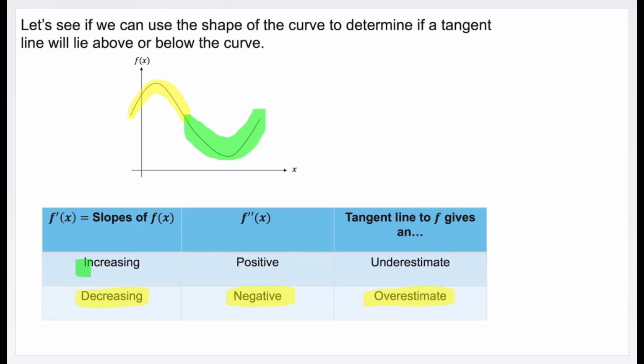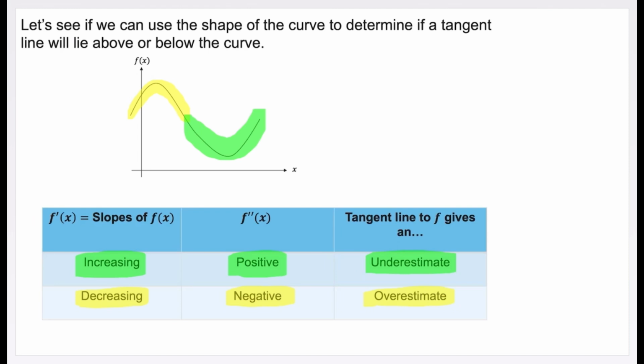On the section where it is concave up, where the slopes are increasing, the second derivative is positive, and we have an underestimate. So again, depending on how the graph is shaped, that tells us whether our local linear approximation is an overestimate or an underestimate.